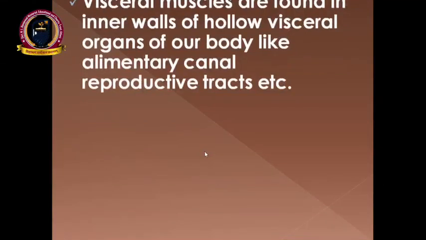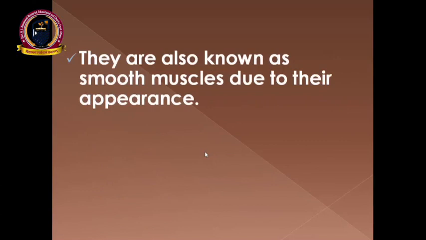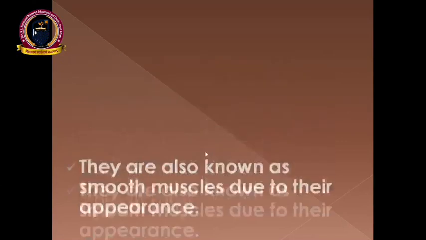Now let's take up the visceral muscles, which are found in the inner walls of the hollow visceral organs of our body, like the alimentary canal and reproductive tracts, etc. They are also known as smooth muscles due to their appearance, the smooth surfaces they have.